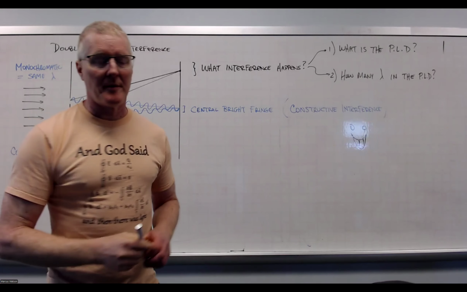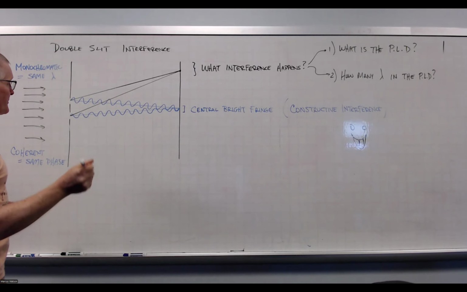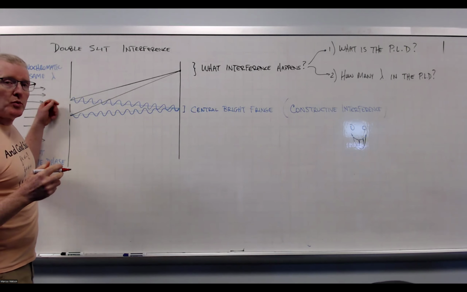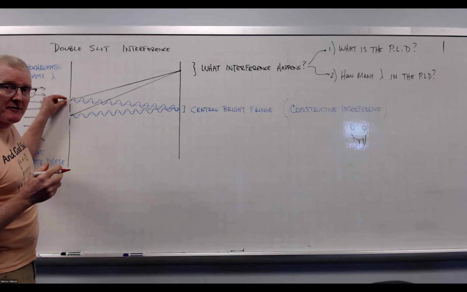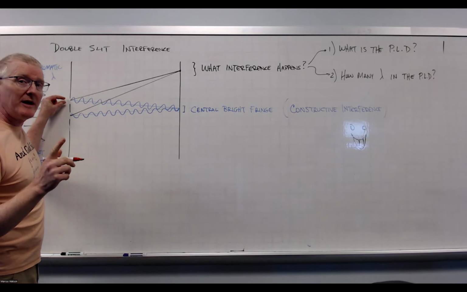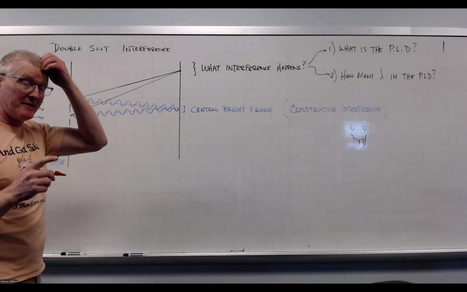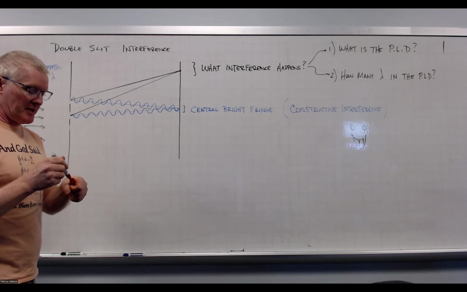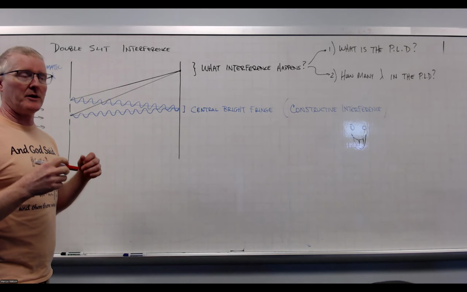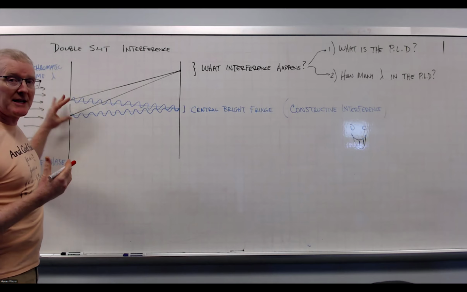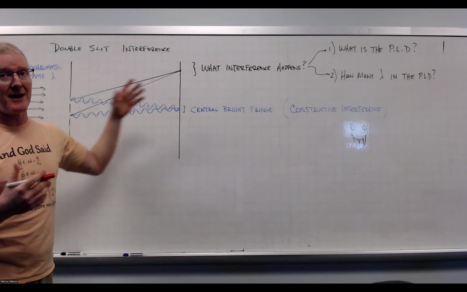Okay, so the path length difference. I told you that we are going to assume these slits are small enough such that only one wave is emitted by each one, so we're really only dealing with the interference of two waves. I also want to talk about the consequences of these slits being close together and the screen being far away.